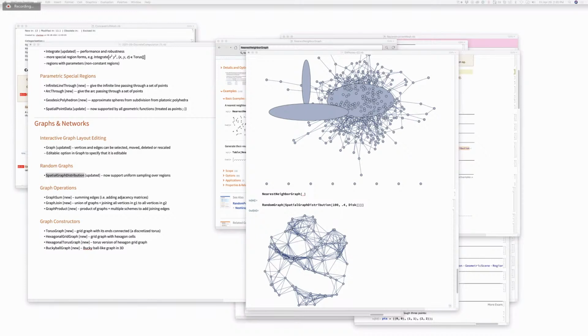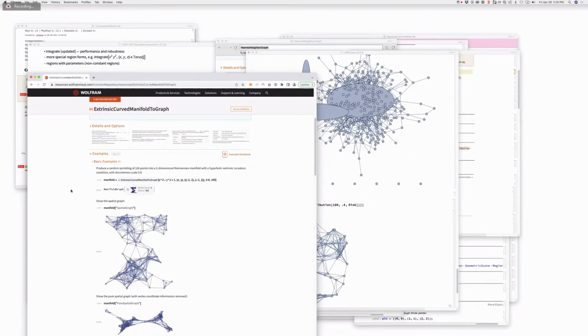I think this relates to the intrinsic curve manifold to graph, coming from the physics project. So this functionality actually covered that one, that intrinsic curve manifold, extrinsic curve manifold, I think. That one. Does it? Yep.